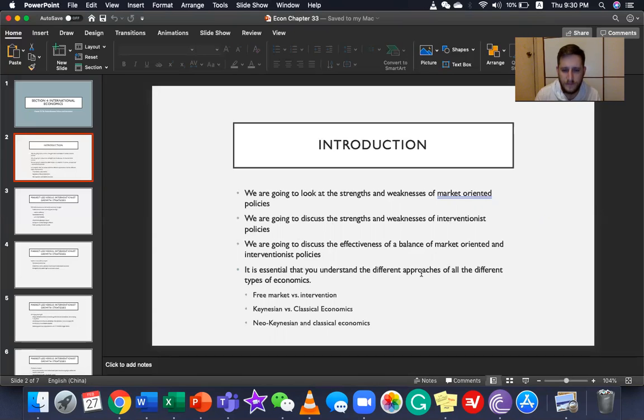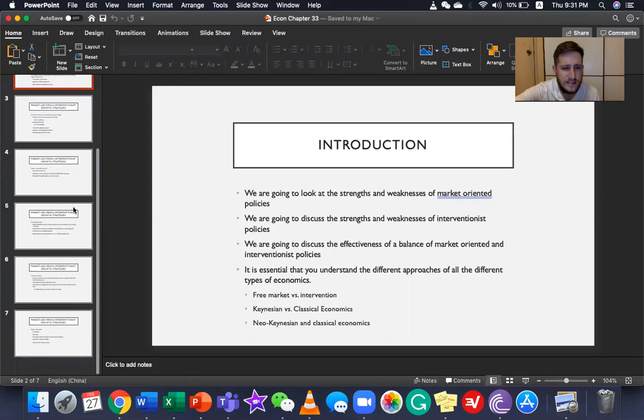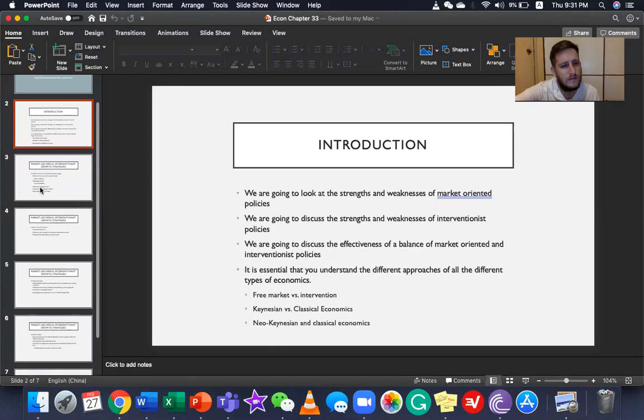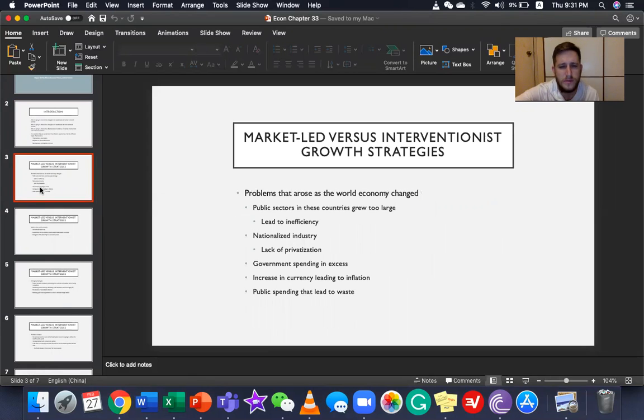You can see it here, we're going to look at free market versus intervention, Keynesian versus new classical, and a mix of different versions of economic thought. That's the basic idea. We'll go through it. It's 7 slides, well, not really, but it's pretty short, so we should be able to get through most of it since it is a review.